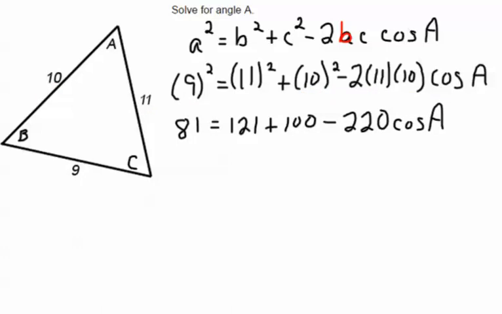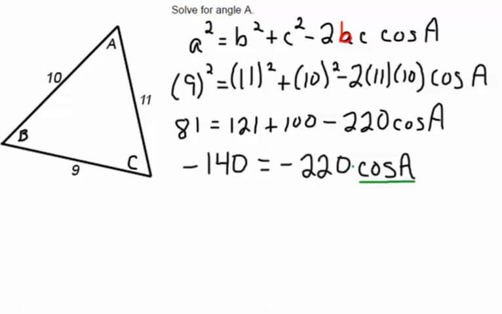I would multiply it out to get 81 plus 121 plus 100 minus 220 times the cosine of A. And then I would subtract the 121 and subtract the 100 from both sides to get negative 140. And because minus 220 cosine A means minus 220 times the cosine of A, I'll have to divide both sides by negative 220 to get cosine A by itself.